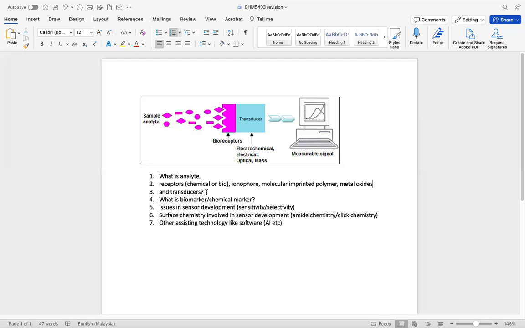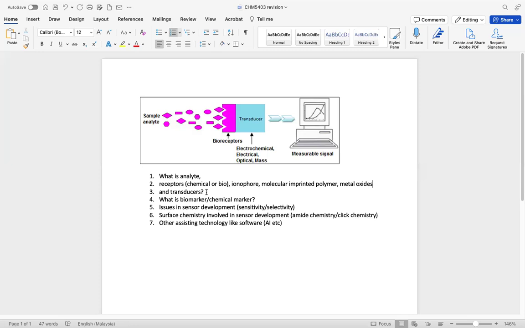Those are transducers that transduce the interaction between the analytes and the receptors to a measurable signal. So transducers are very important in biosensor development.